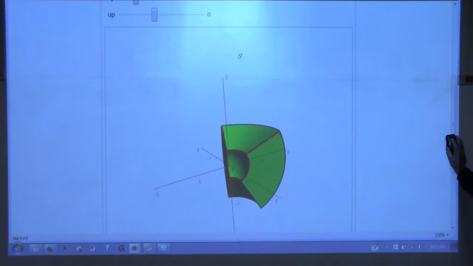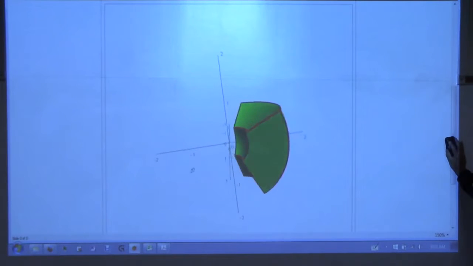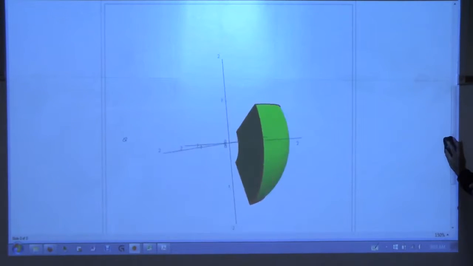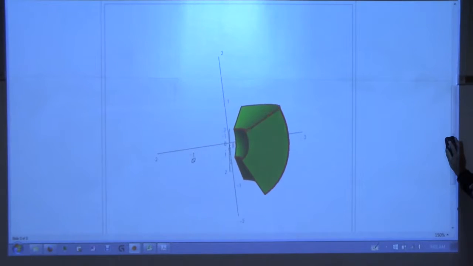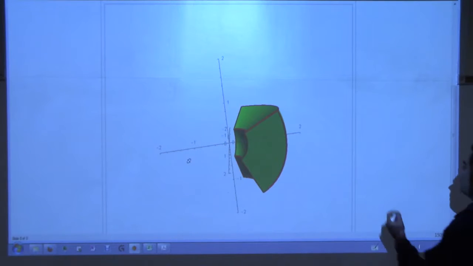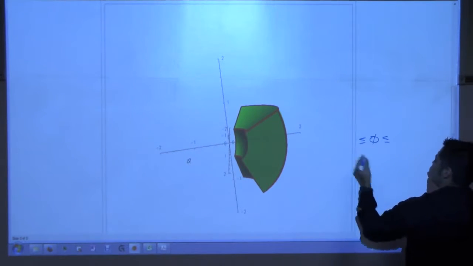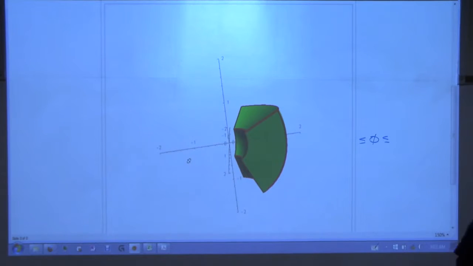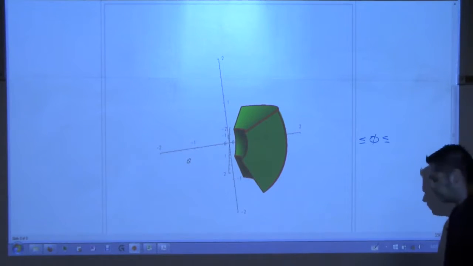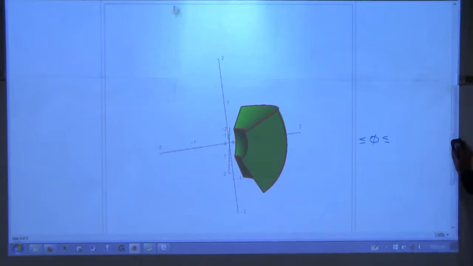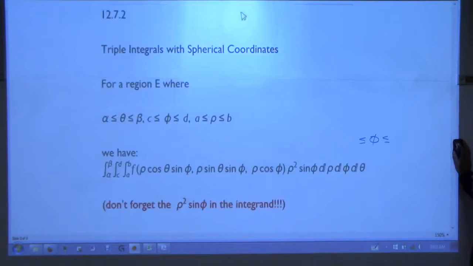Now, here's another example of a spherical region. Let me see if I can show you this. I'm going to show it to you from the back side. What we have here is I've taken my phi and I have restricted it between two constants. I have it written down here: C and D, alpha, beta.